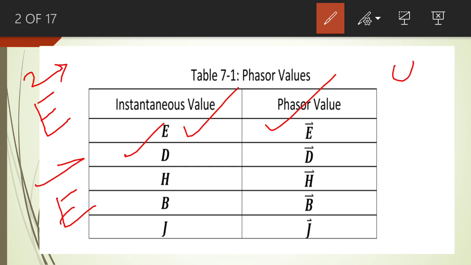So the flux per unit area is known as electric flux density. The unit of the electric flux density is coulomb per square meter. So here is the instantaneous value of the electric flux density, and here is the phasor value of the electric flux density.